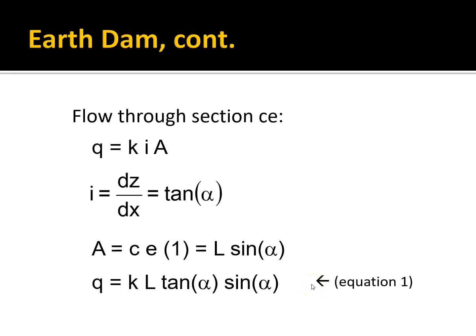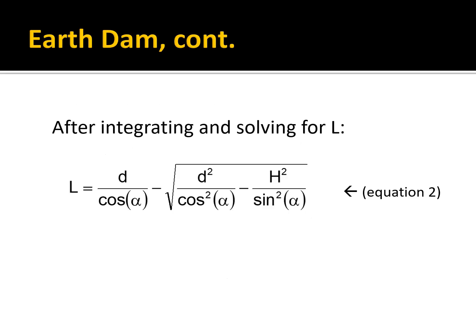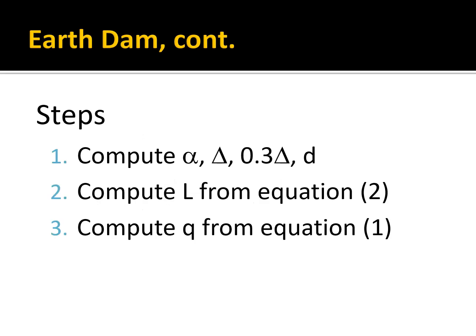There's not a simple equation representing the shape of the phreatic surface, but we do have an equation for Q. Calculating these geometries, alpha, delta, 0.3 delta, and D, is a little bit tricky, but once you set up a spreadsheet that does all this geometry, based on the height of the dam, the width at the top, and so forth, it's a solution that you can reuse.